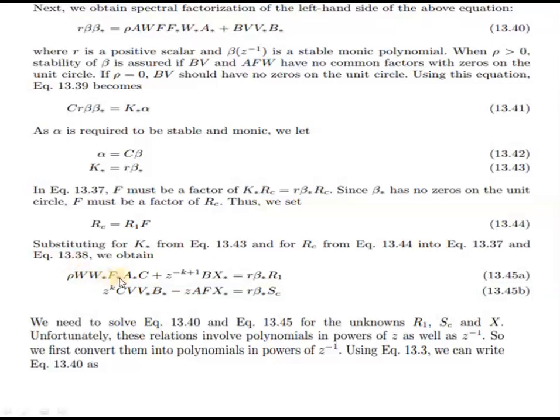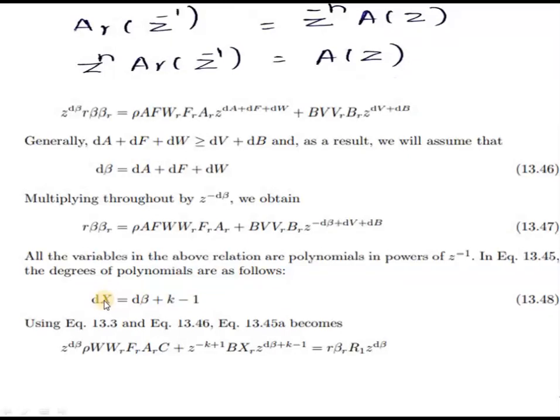We have assumed that the degree of this whole term, that is d_A plus d_F plus d_W, is equal to the degree d beta, and with the help of minus k, the degree of z raised to minus k is nothing but minus k plus 1. Therefore here we have calculated the degree of x. The degree of x is nothing but d beta plus k minus 1.